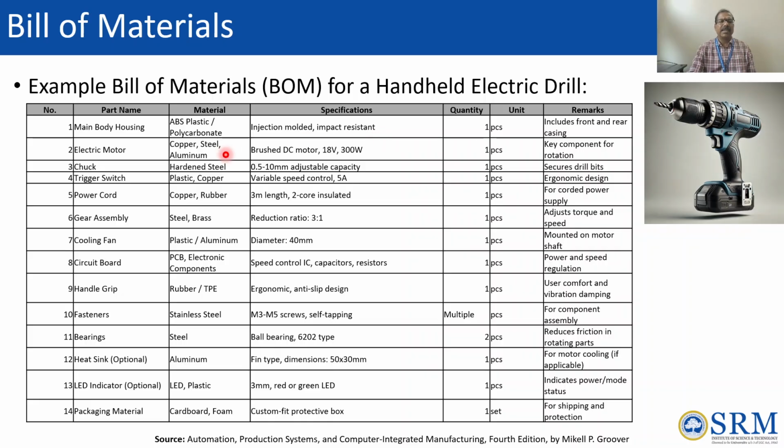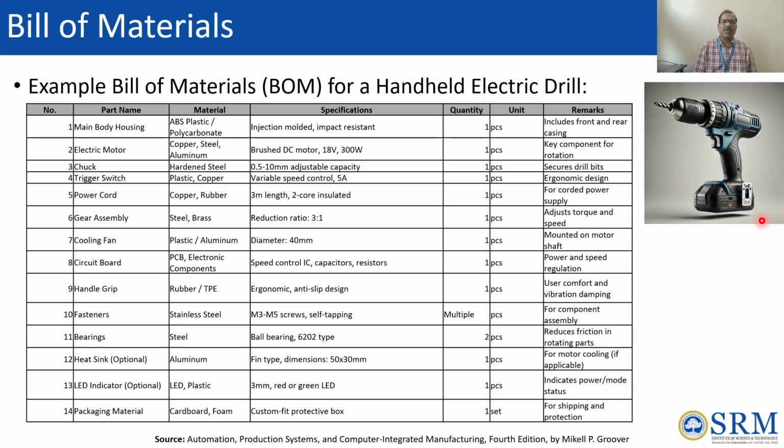Similarly, the electrical motor. What are the materials in the electrical motor? Copper, steel, aluminium. A brushed DC motor with 18 volts and 300 watts, quantity one. Key component for rotation. So this is the main component for rotation. Then the chuck, which can hold your drill bits.